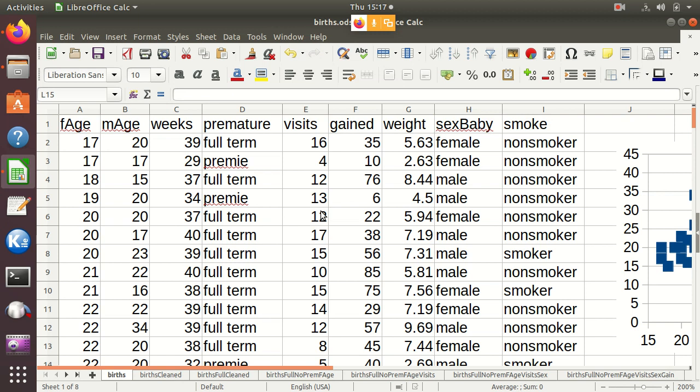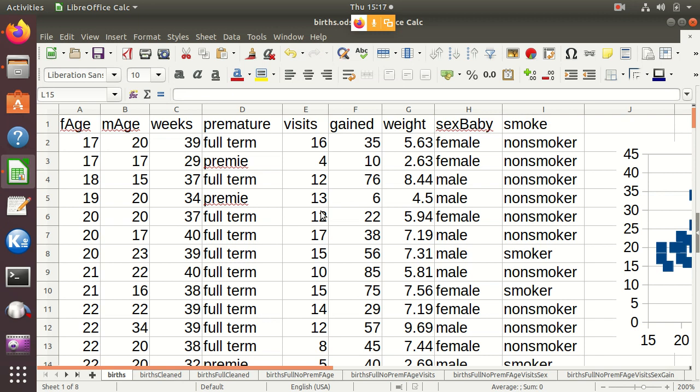If you heard the mother's age was 40, you might expect the father might be like 35 to 45 or something like that. Now, might not be, but that's probably what you would expect from experience knowing people having babies.